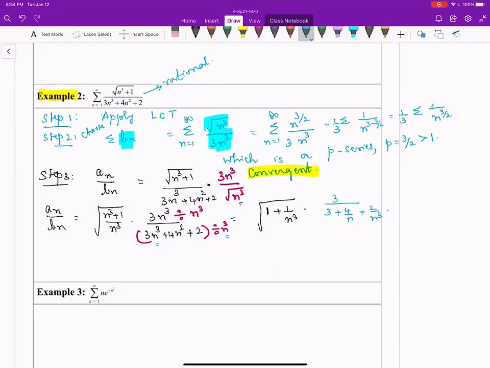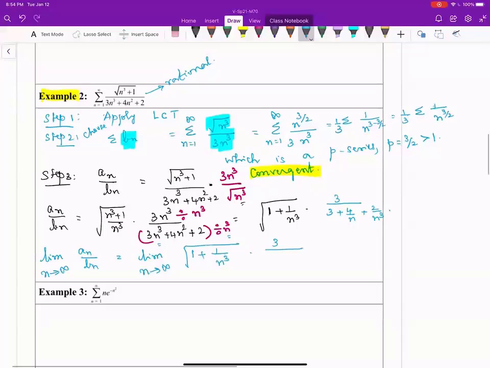So when you apply the limit as n approaches infinity, an over bn becomes the limit as n approaches infinity of square root of 1 plus 1 over n cube, within the radical, times 3 over 3 plus 4 over n plus 2 over n cube. Here, 4 over n approaches 0, 1 over n cube approaches 0, and 2 over n cube approaches 0.